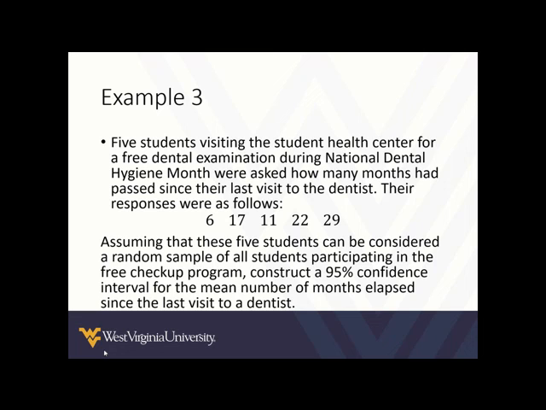Their responses were as follows: 6 months, 17 months, 11 months, 22 months, and 29 months. Assuming that these 5 students can be considered a random sample of all students participating in the free checkup program, let's go ahead and construct a 95% confidence interval for the mean number of months that lapsed since their last visit to the dentist.